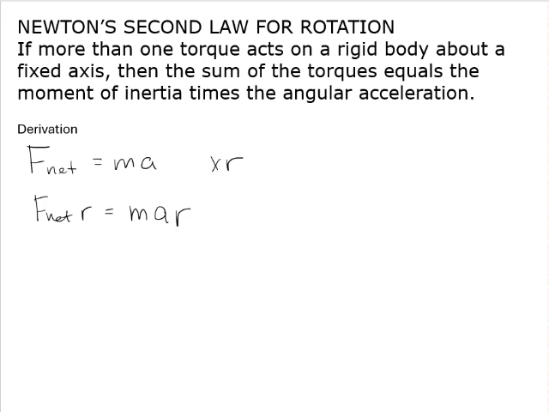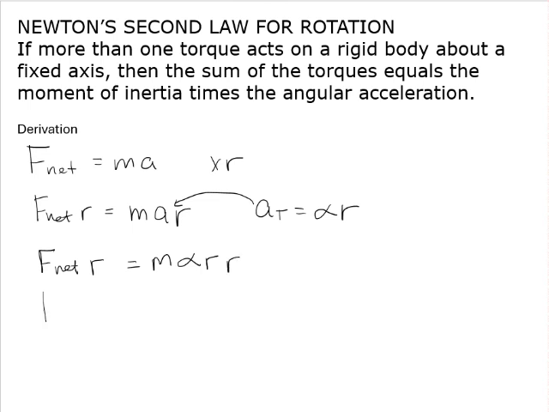The next thing I want to do is connect our current a, which is really a translational acceleration, to our angular acceleration. So that's alpha times the radius. If I then replace this alpha, that leaves me with net force times radius is equal to mass times alpha times radius again.